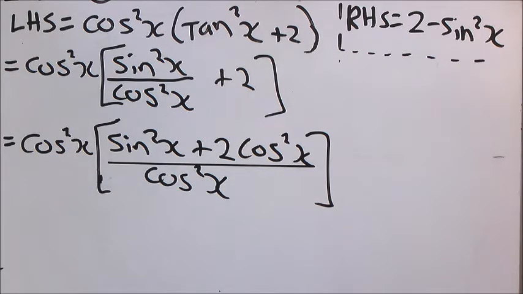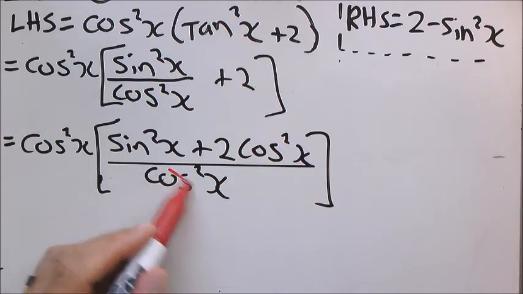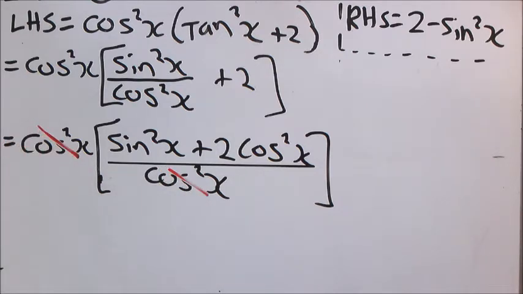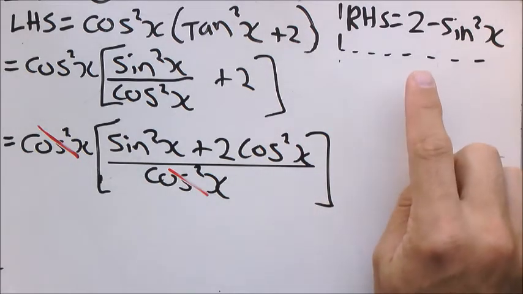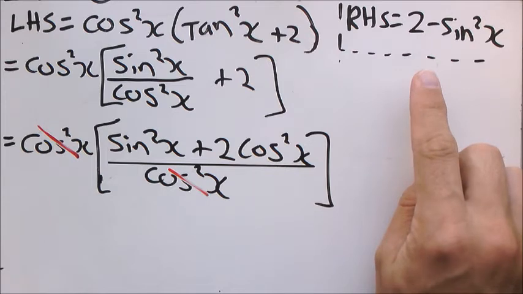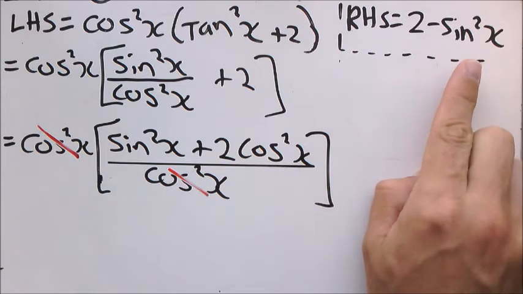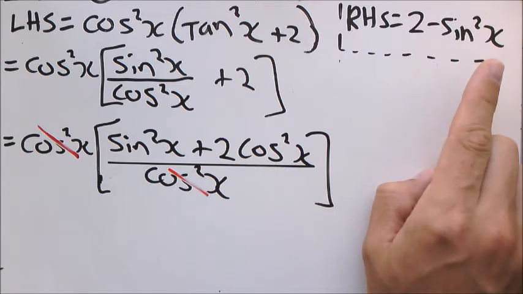Okay, now it works in our favor. You can cancel out the cos squared x because it's common to the whole bracket, and then it's important to have a look at your right hand side every now and then to make sure that you're on the right track. So we've got a sine squared x. There's the only unknown that we have.